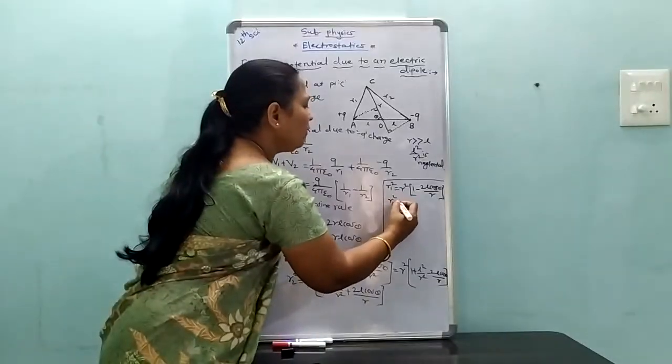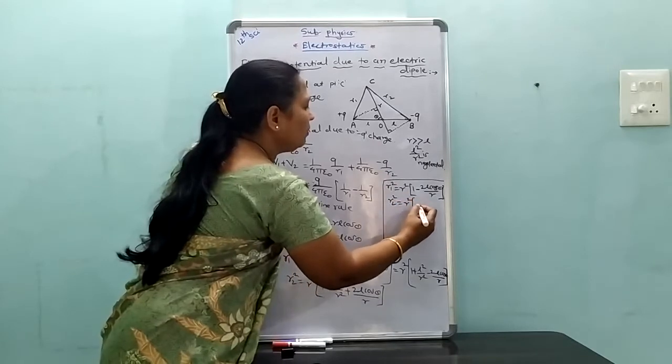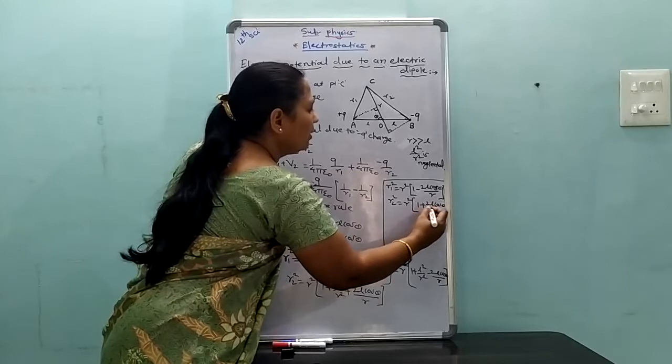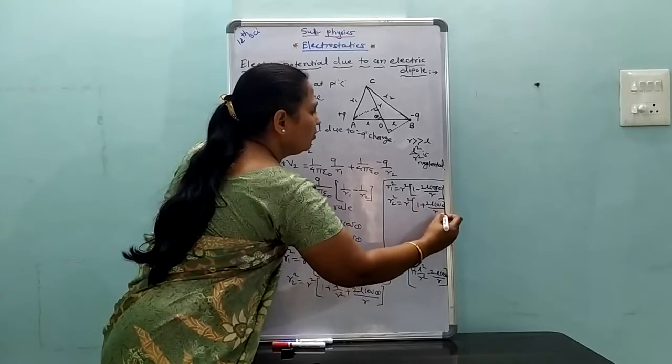And R2 square is equal to R square in bracket 1 plus 2L cos theta upon R.